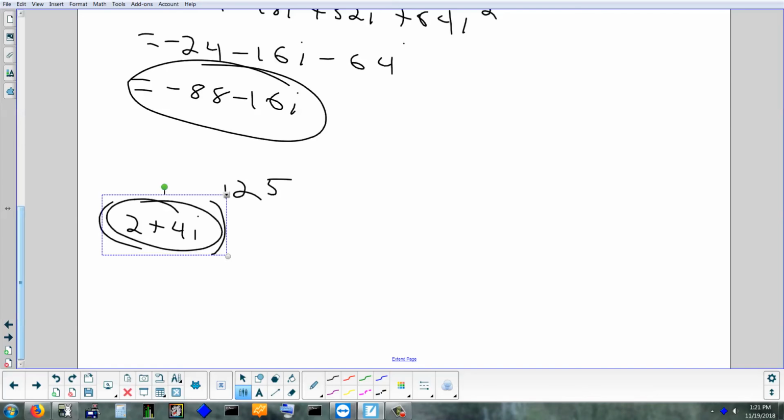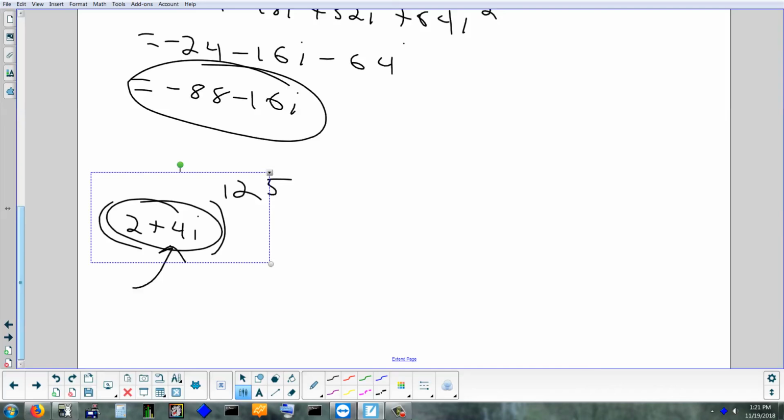So the whole key to doing this fast is doing it in polar. If you wanted me to do this out literally like this, it would take me like days. It's too big. But I can change this to polar in probably about 45 seconds, maybe less.